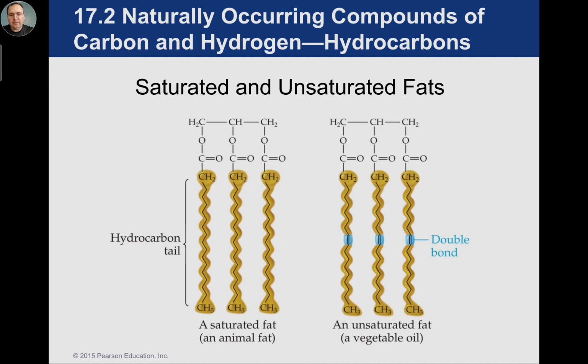Notice all of these are single bonds. All those little zigzags represent single bonds. But as we get to unsaturated fats, now they can't stack as nicely because sometimes there's a mismatch in that shape and that bond length. So if they can't stack on each other very well, they can't be solids very well. So this is where you get into more things that are oils and less that are fats if they're saturated.